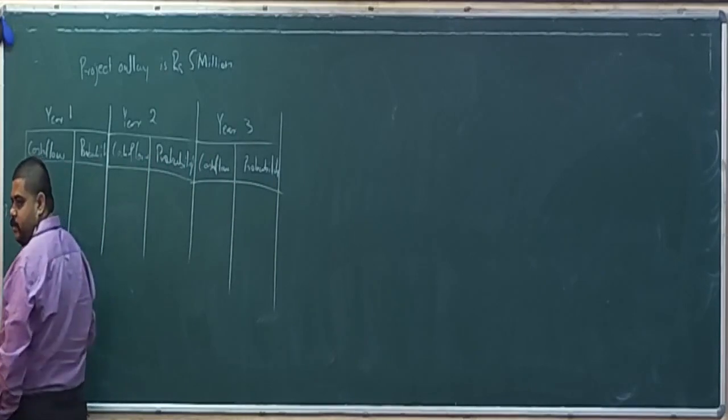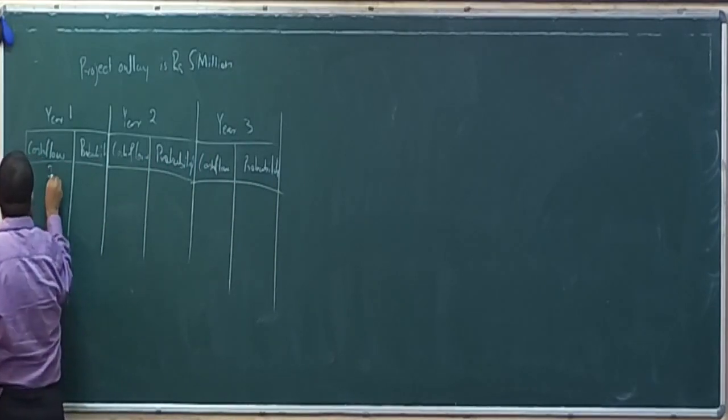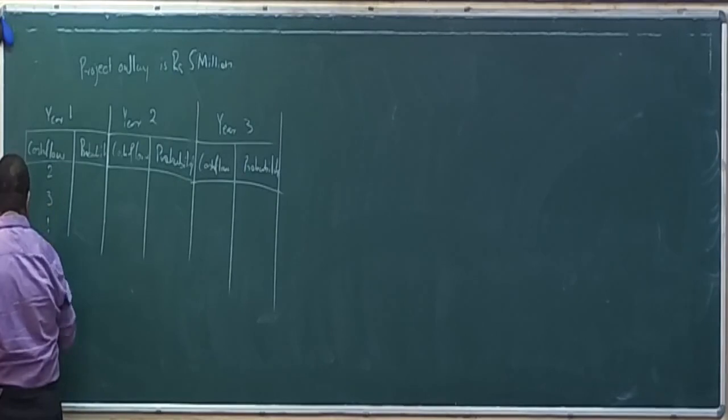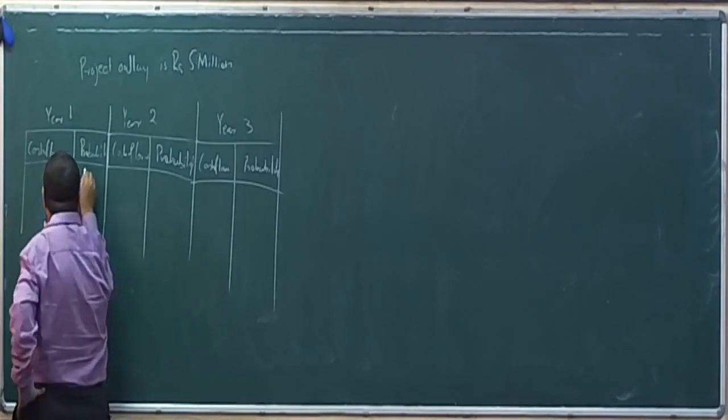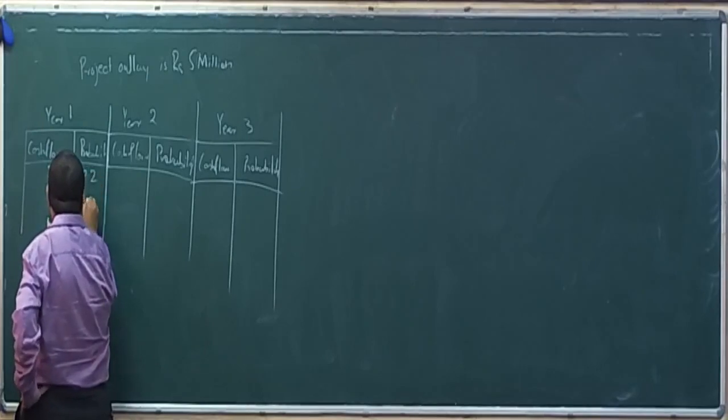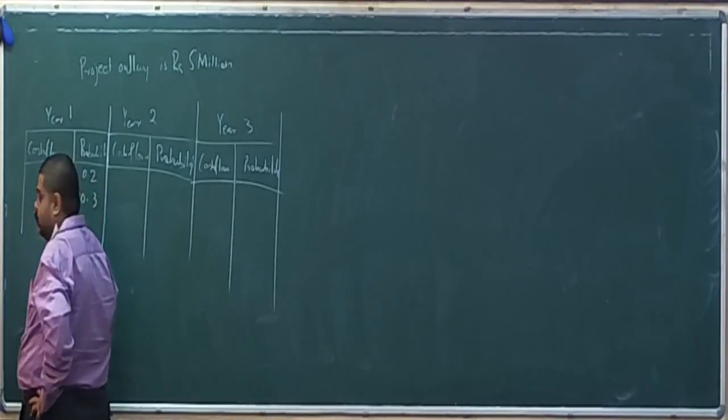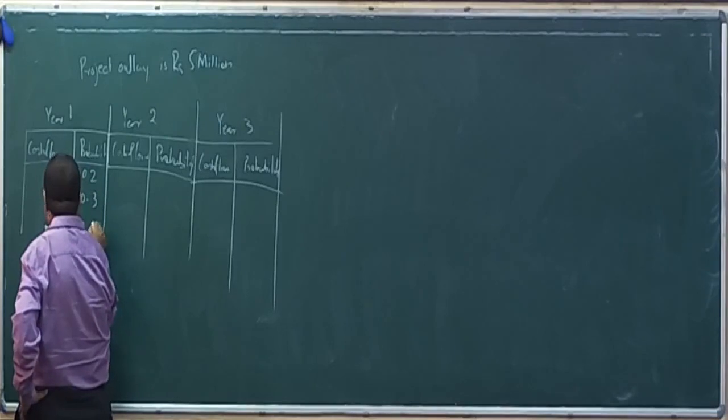And cash flow for the first year is 2, 3, and 1. Probabilities 0.2, 0.3, and 0.5.